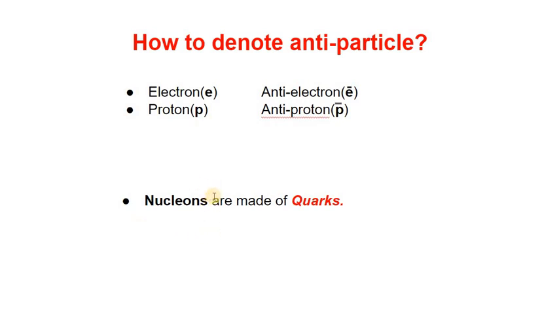Nucleons are made of quarks. Quarks are much smaller particles that form the other particles, like proton and neutron. So these are the most fundamental particles.